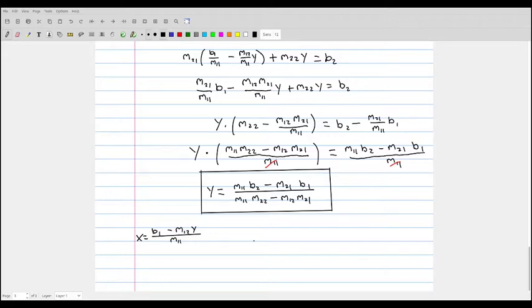So we have that x is equal to this, which is the same thing as b1 over m11 minus m12 over m11 times y, and y is m11 b2 minus m21 b1, divided by m11 times m22 minus m12 times m21.